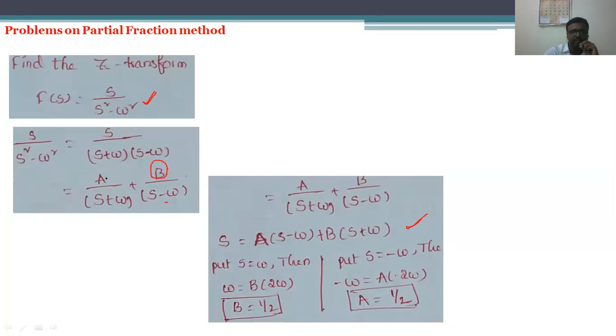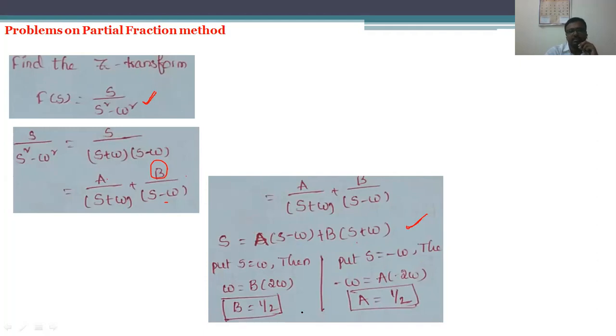In order to obtain the value of A, we substitute s is equal to minus omega. Substituting this in the equation, we get the value of A also as 1 by 2.